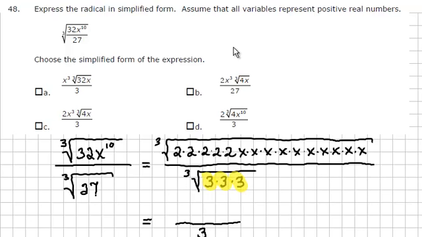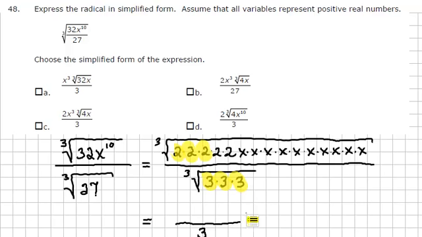We want to do a similar thing in the numerator. We're looking for groups of 3 factors. So we have 3 factors of 2. However, there are 2 factors of 2 left over.